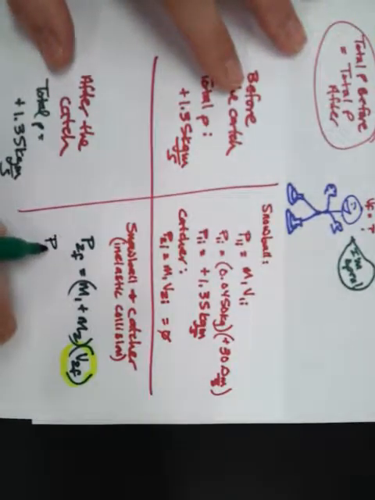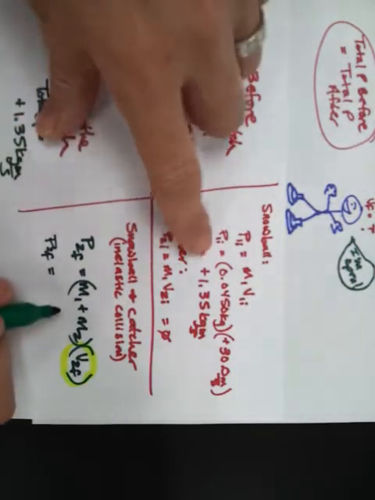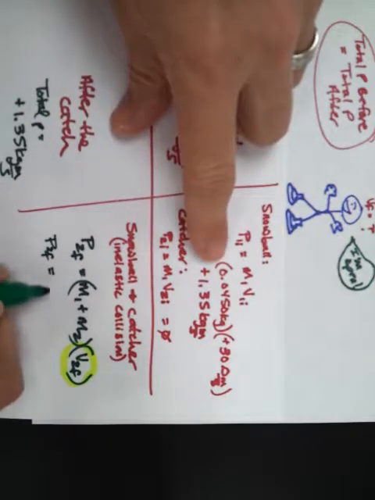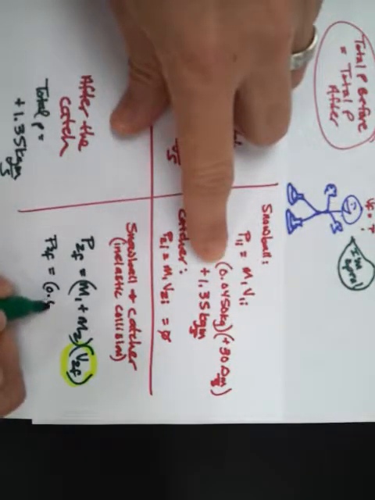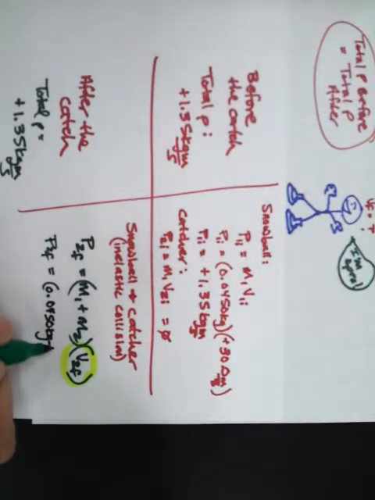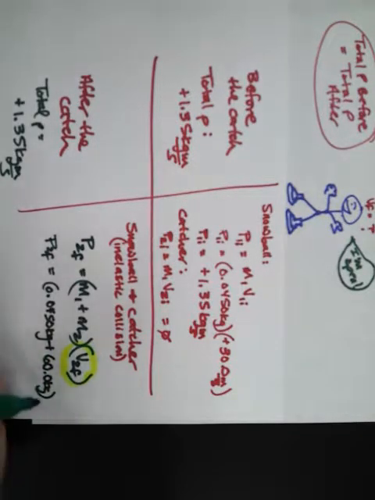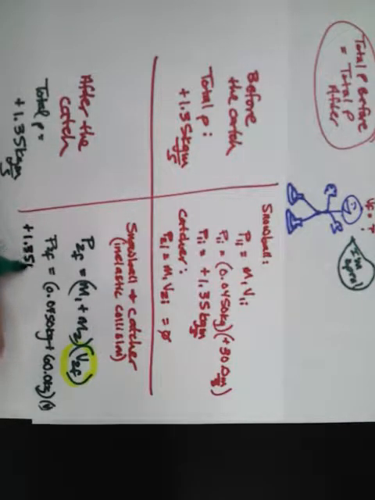So we have our momentum is equal to our masses, so we have 0.045 plus 60 times V. So this number is a positive 1.35.